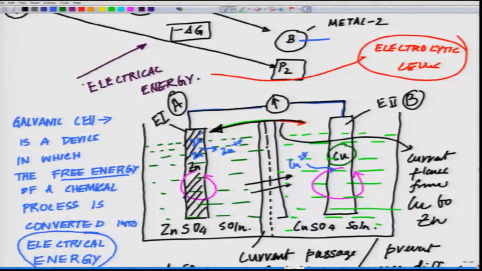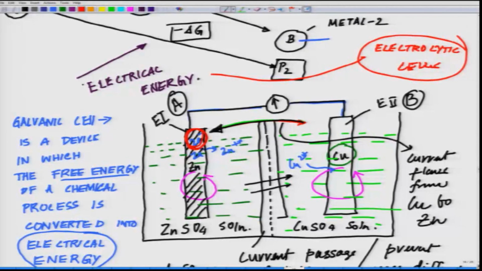Coming back, we talked about how zinc has a greater tendency to ionize than copper, so the zinc atom goes into solution, leaving behind 2 electrons in the metal electrode. The metal electrode now has excess electrons. On the other hand, at the copper electrode, copper ions from the solution are deposited by accepting 2 electrons from the electrode.